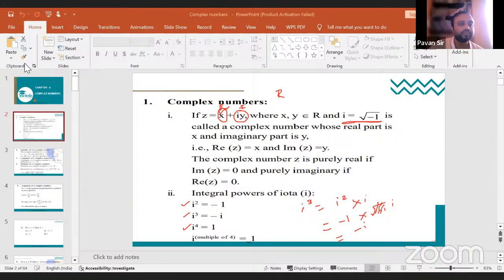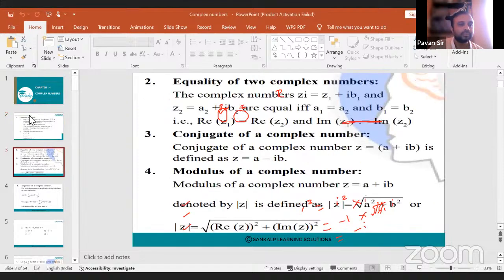Next one. The equality of two complex numbers. The complex numbers z1 is equal to a1 plus ib1 and z2 is equal to a2 plus ib2.